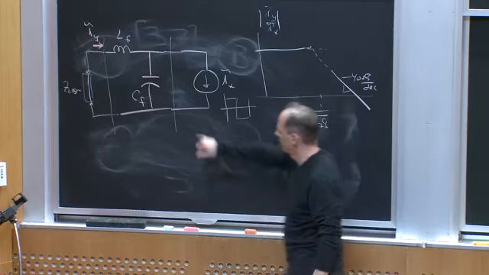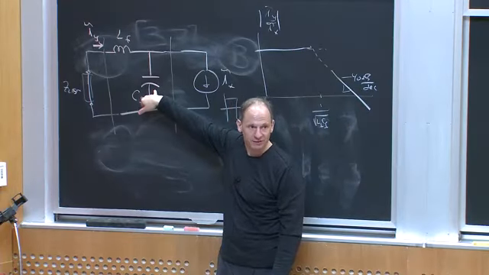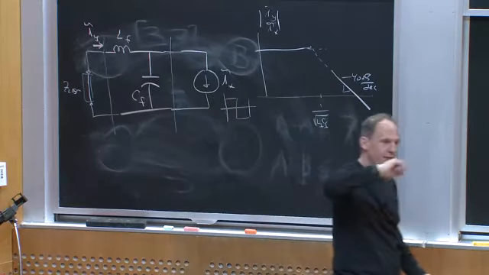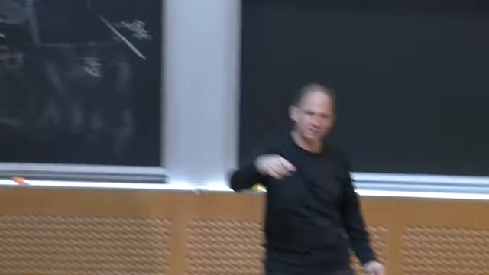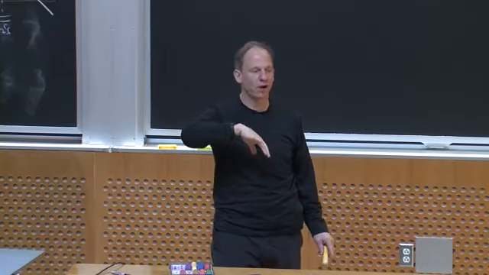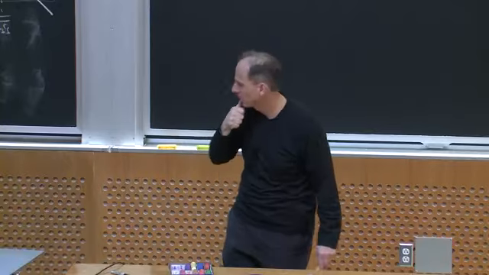Why? Because the capacitor impedance is falling by a factor of 10 for every factor of 10 in frequency, and the inductor impedance is rising by a factor of 10 for every factor of 10 in frequency, and hence I get a factor of 100 attenuation for every factor of 10 in frequency, okay?